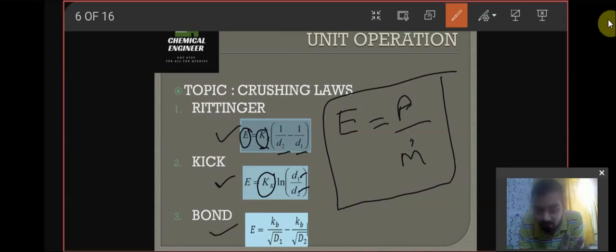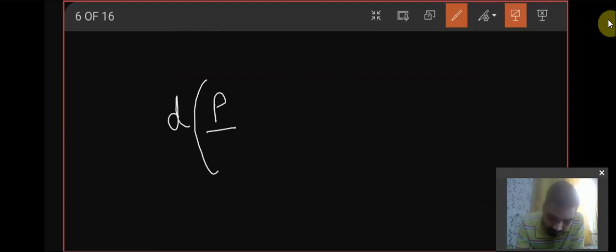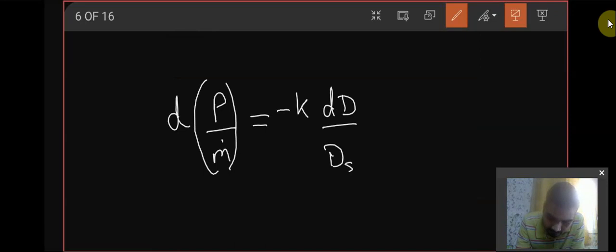Similarly, let's see how to derive those formulas. We have a general equation: d of (P by m dot) equals minus k into d of ds divided by ds raised to n.